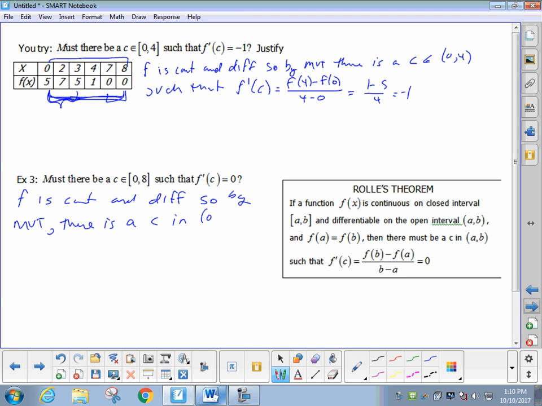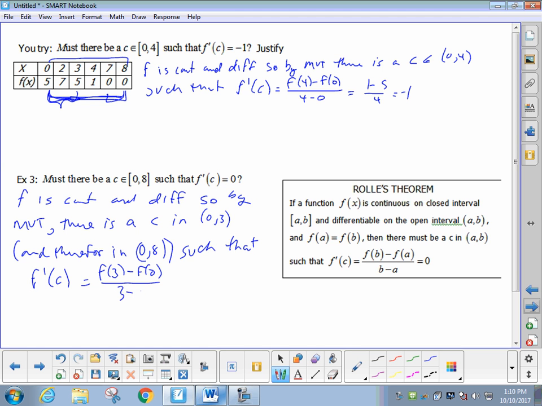So in 0 to 3, and as he did, I like that Quentin clarified that. And therefore, there is a c in 0 to 3 such that f prime at c equals f at 3 minus f at 0 over 3 minus 0.